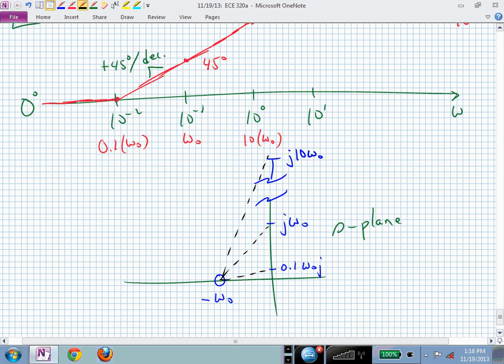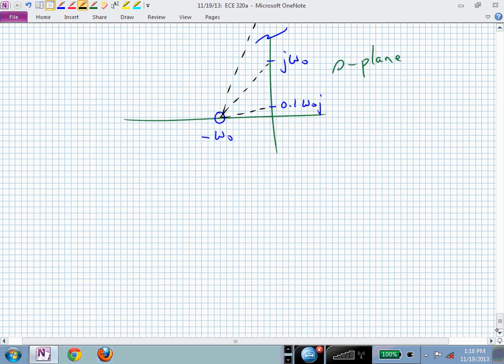And if we go 10 omega naughts, that's way up on the imaginary axis, and the biggest angle we could ever get would be 90 degrees. We'll call that 90 degrees, and we just connect those with straight lines. That's what we're doing. Let's look at the second linear factor.